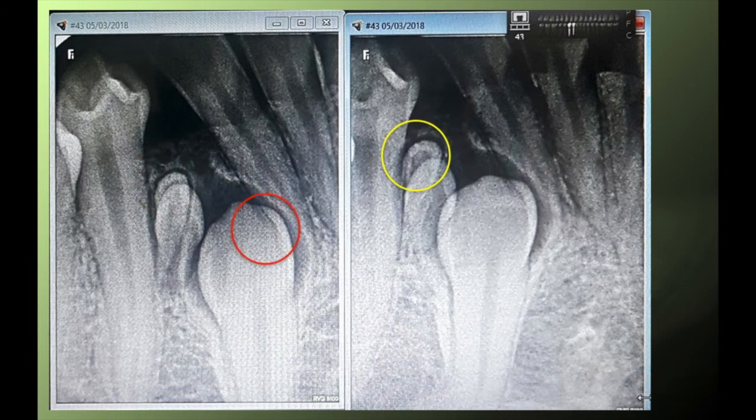Finally, look at how the impacted tooth, marked red, moves in relation to the root of the lateral incisor. There's a yellow circle. Nothing has changed with the relationship of the premolar, canine, and the lateral incisor. Interpretation is that this is along the same line or plane as that of the lateral incisor.